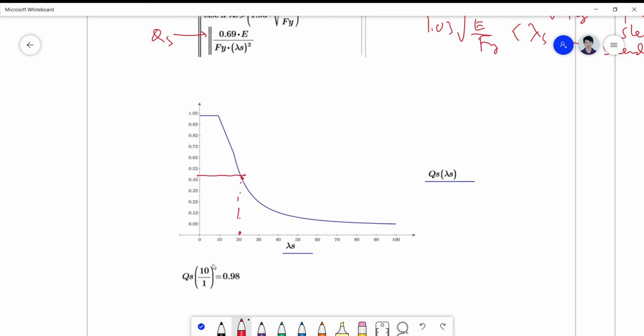If it falls at 10 over 1, which is 10, you can see that it falls somewhere here, which is 0.98. So this is a visual overview of what happens to your Qs value when the lambda s increases.